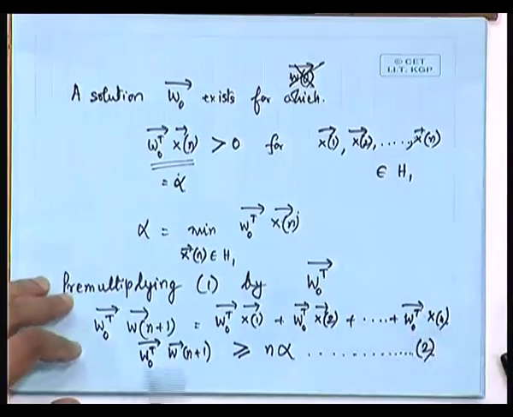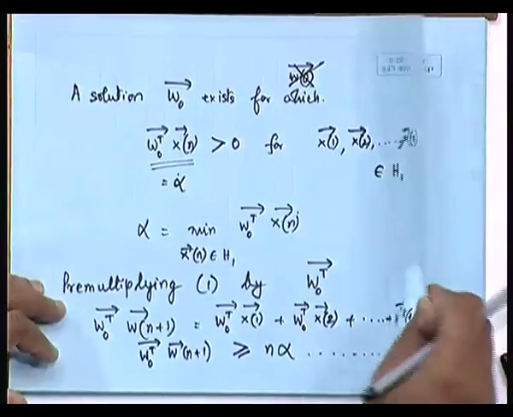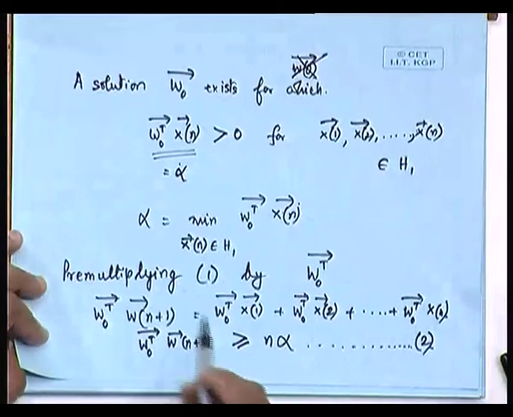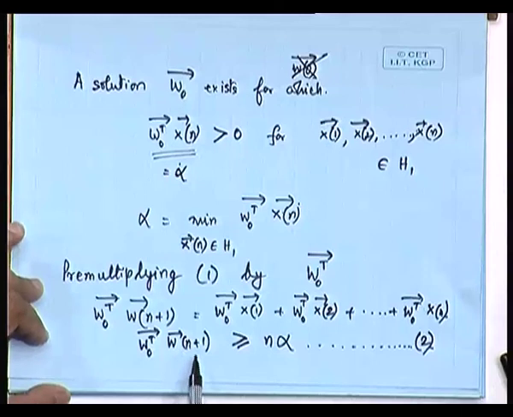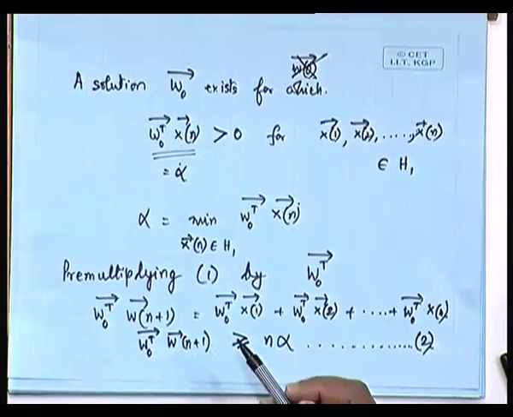Now, on this equation 2, if we apply the Cauchy-Schwarz inequality, then on the left hand side we have W0 transpose Wn plus 1, which is itself a dot product, a scalar quantity.